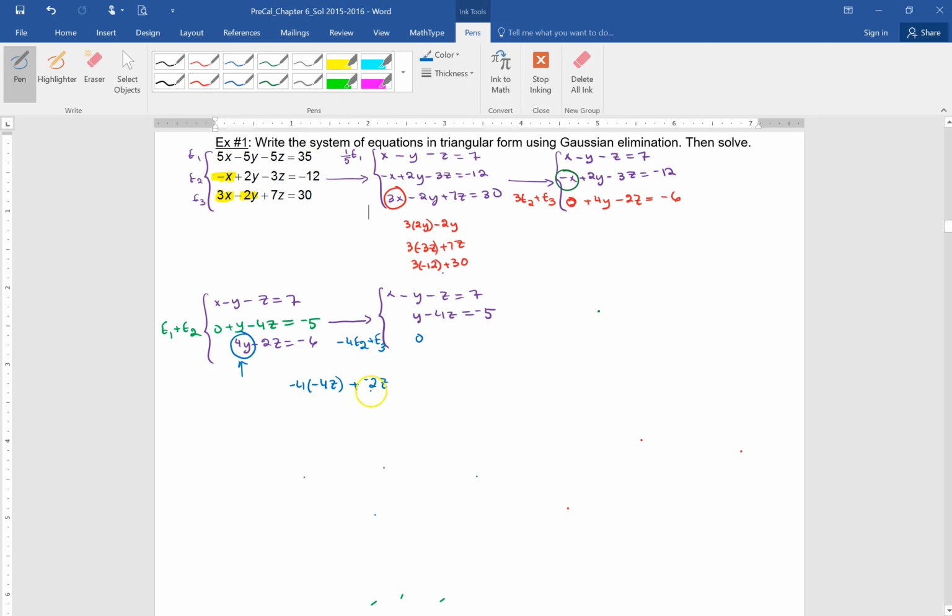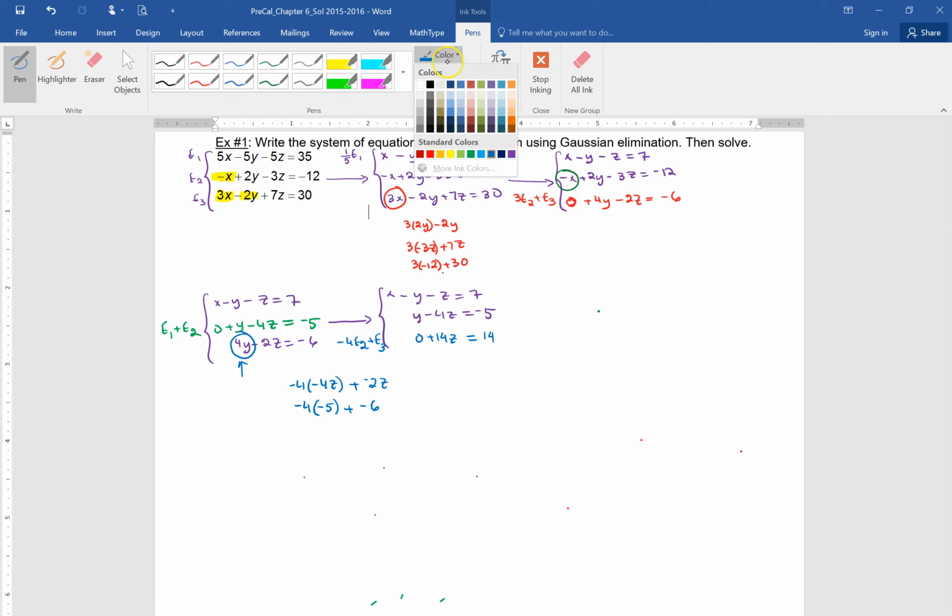Positive 16 minus 2 is 14z equals negative 4 times equation 2, so negative 4 times negative 5 plus negative 6, 14. This one, so I'm doing negative 4 times this plus this. Negative 4 times equation 2 plus equation 3.